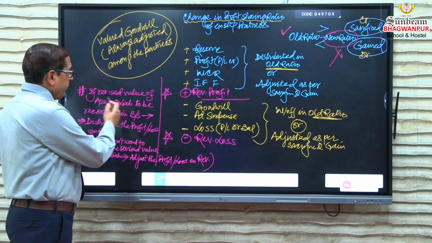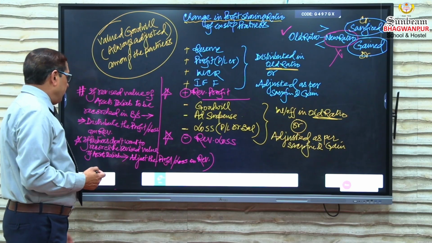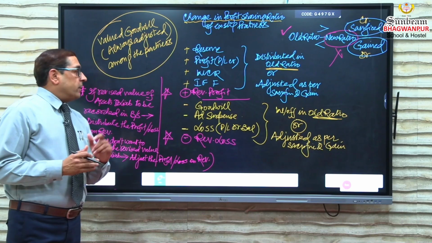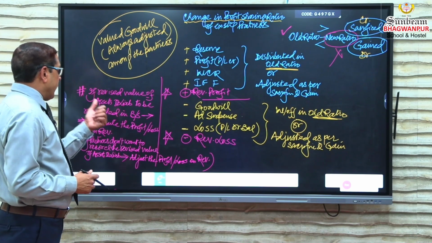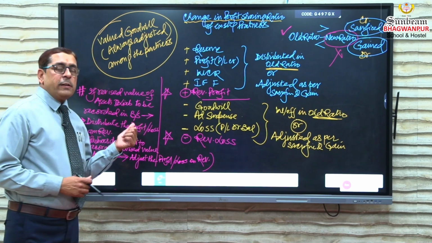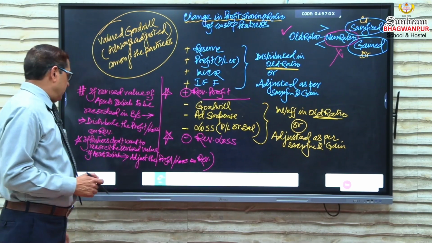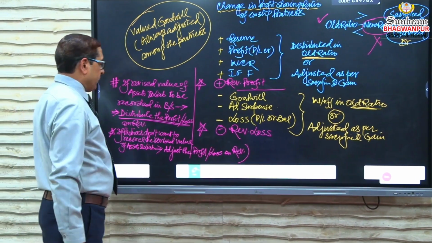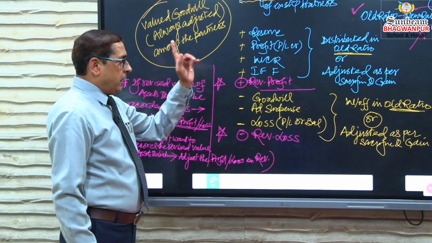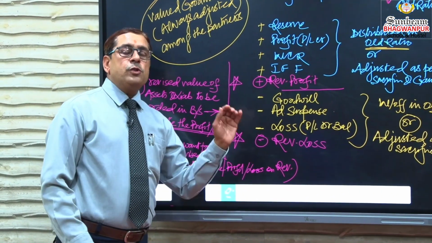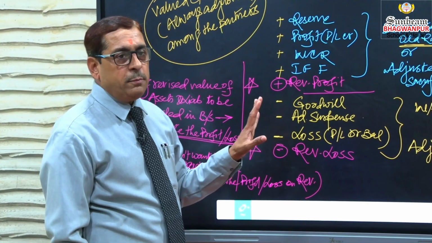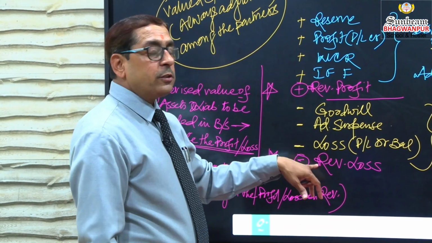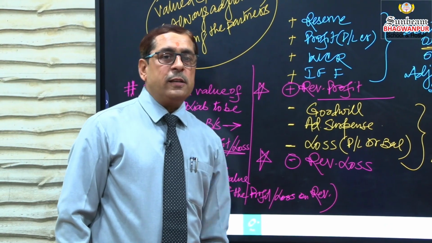Now if the revised value of assets and liabilities is to be recorded in the balance sheet, the instruction is given that partners want to record the revised value of assets and liabilities in the balance sheet, then distribute the profit and loss. This profit or loss on revaluation is to be distributed. The entry will remain the same: revaluation account debit to partners' capital account, or partners' capital account debit to revaluation account in case of loss.